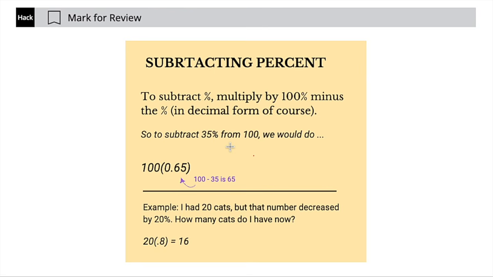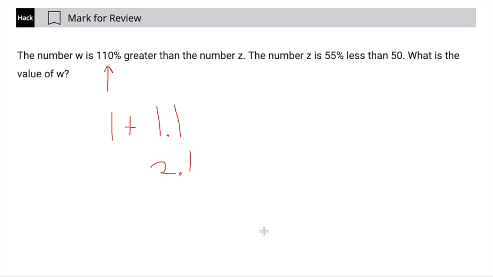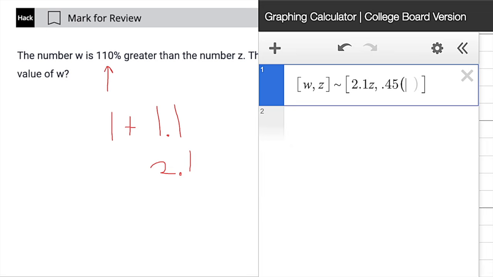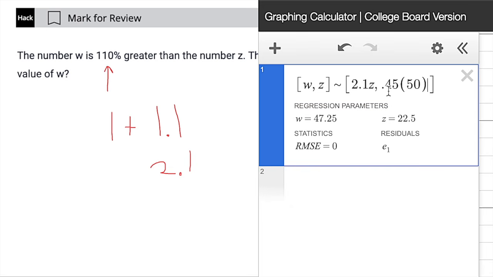So if we wanted to subtract 35%, we would multiply it by 0.65, since 1 minus 0.35 is 0.65. So for this one, 55% less would be 0.45, since 1 minus 0.55 is 0.45. So back to Desmos, we have Z is 0.45 times 50. So again, that's 55% less than 50. And then our answer for W is 47.25.